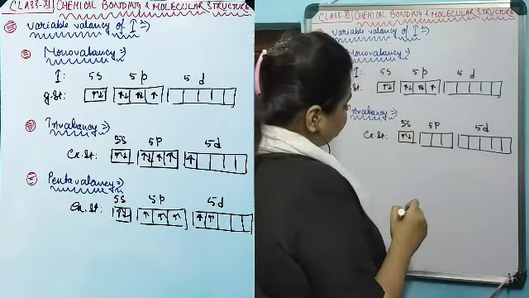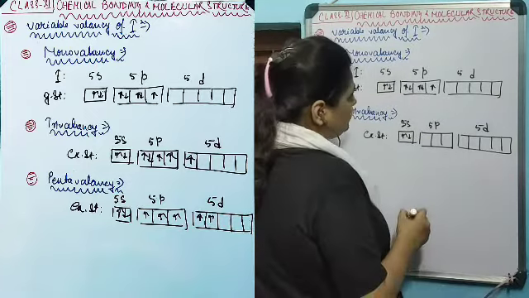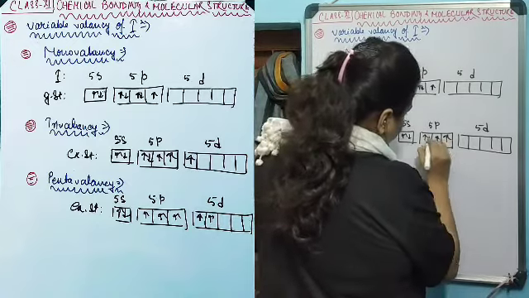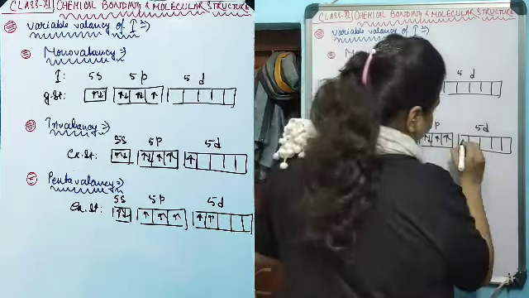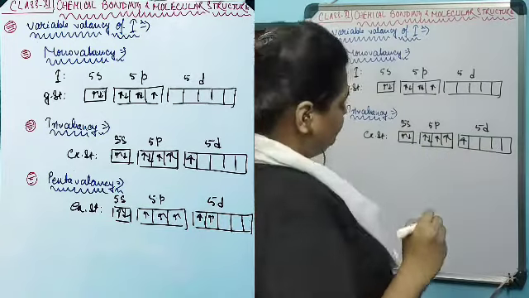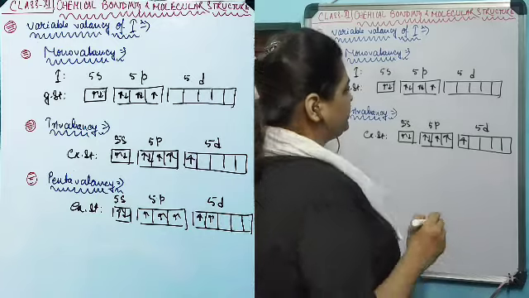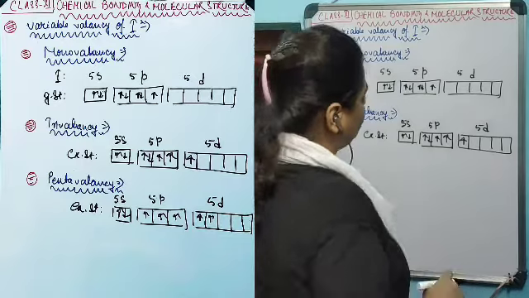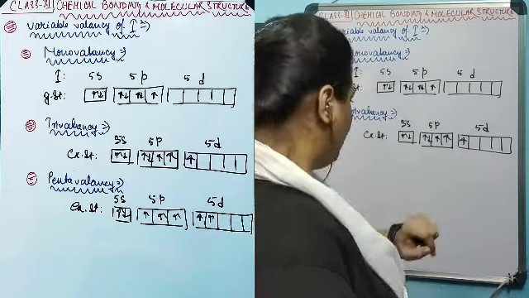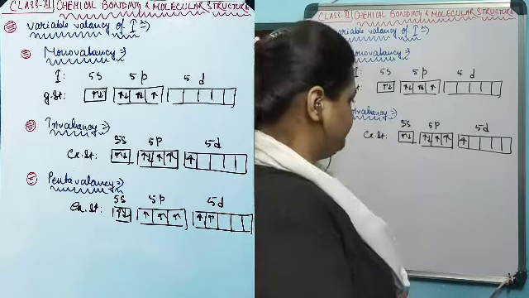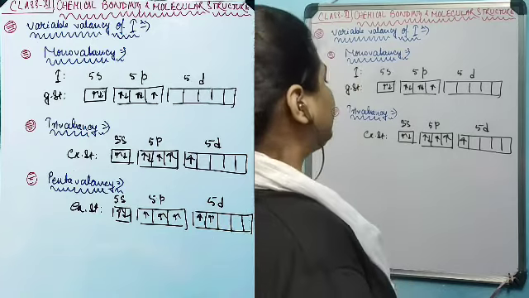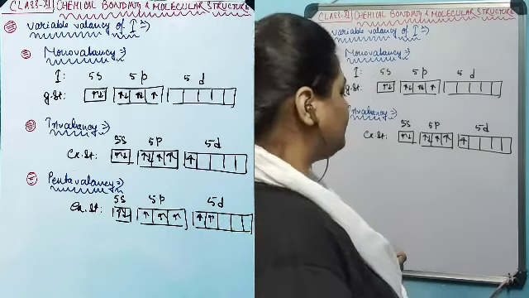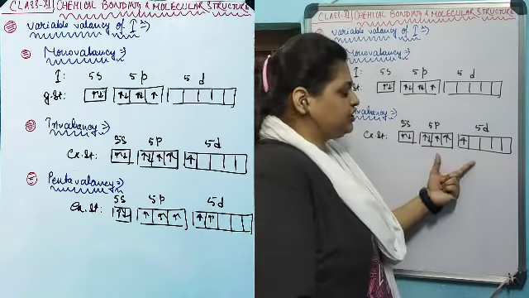In the first excited state, the electronic configuration for iodine is 5s2, 5p4 and 5d1. One electron from one of the electron pairs present in the 5p orbital jumps onto the 5d orbital. As a result of this rearrangement of electrons in the valence shell, now 3 electrons are unpaired in the valence shell of iodine.